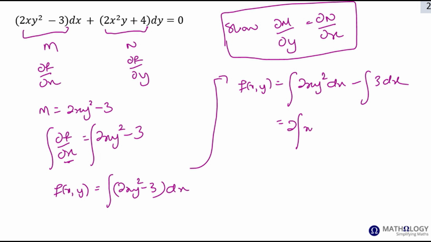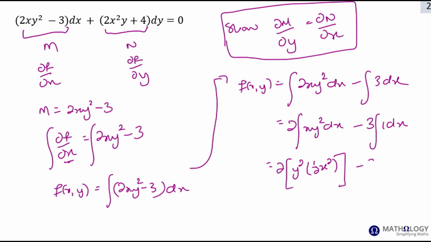The integral of xy squared dx minus, again taking the 3 out, the integral of 1 dx. We're integrating with respect to x, so this y squared could have been taken out as a constant as well, it really does not matter. The integral of x with respect to x will be a half x squared, minus 3. The integral of 1 with respect to x will just be x.